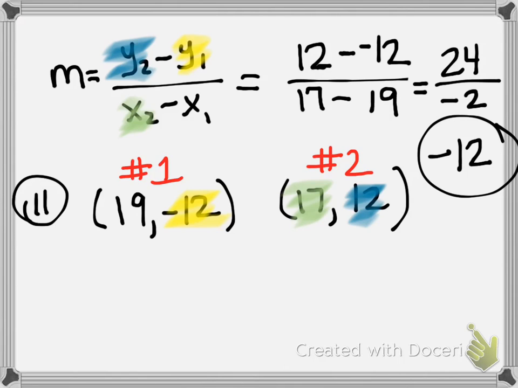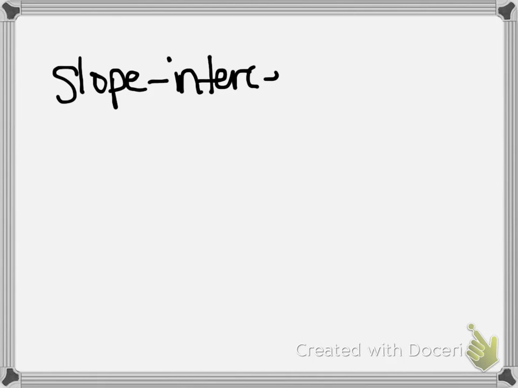Now when you get to number 21, you're using a different method to find slope. Slope is very important, and it's found all throughout algebra and graphing. So if we look at something that's known as slope-intercept form, it's a way to write the equation of a line, or a linear equation, in a way so that you can see the slope and the intercept from that equation.